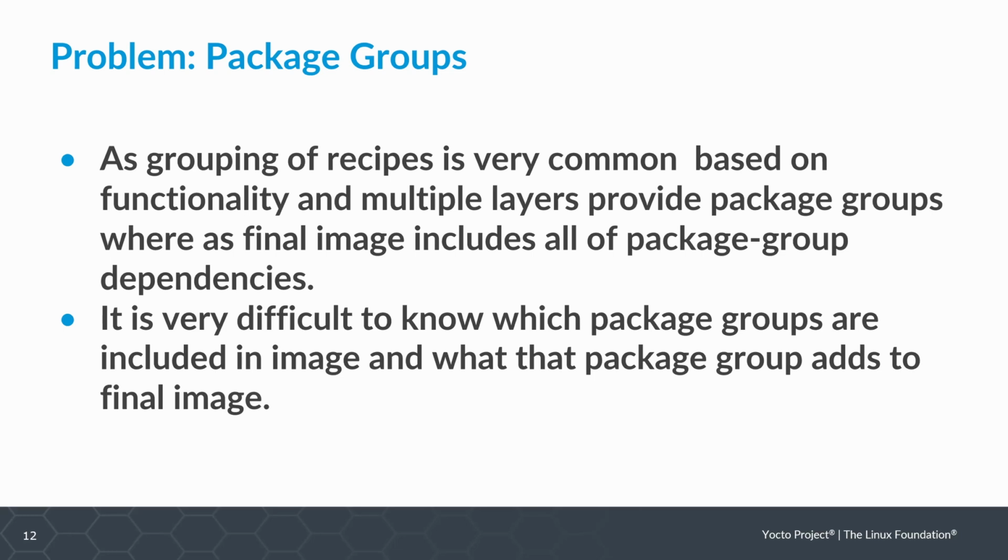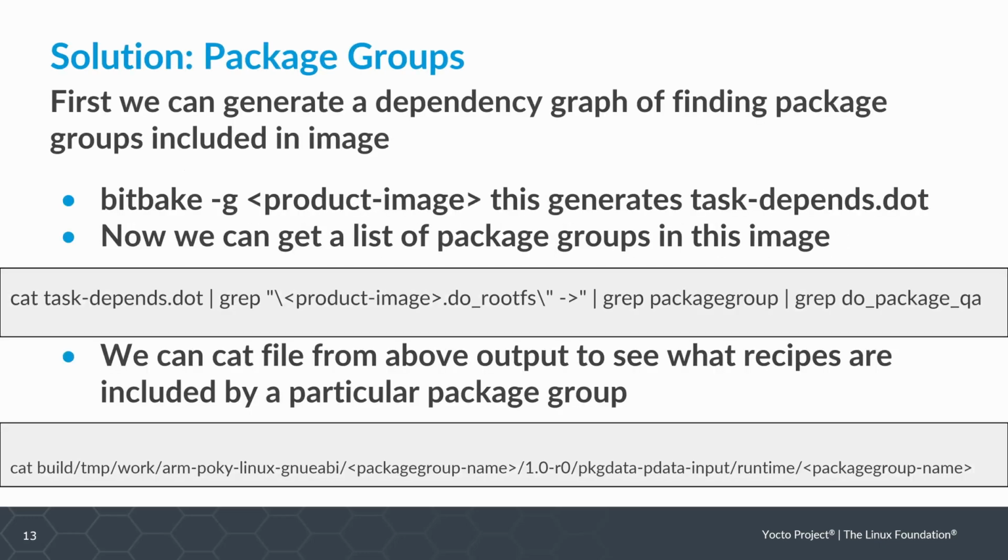To make that easier, as Sergio also pointed out before, we can use dependency graph generation from bitbake itself for the image. For example, we can say bitbake generate graph for my particular image, and that will generate what is included in this image.